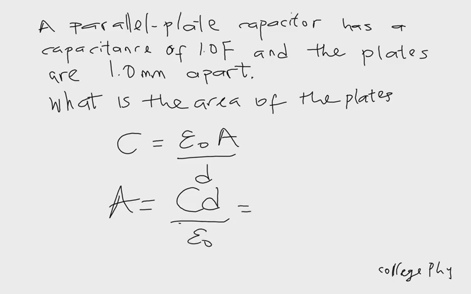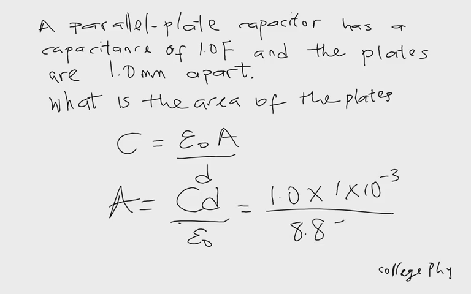Now C is in farad, so we have 1.0 times D, which is in millimeter, so we convert it to meter. That will be 1 times 10 to the power minus 3, all over 8.85 times 10 to the power minus 12. If you know that value by heart, when you solve, you're going to get 1.1 times 10 to the power 8 meter squared.